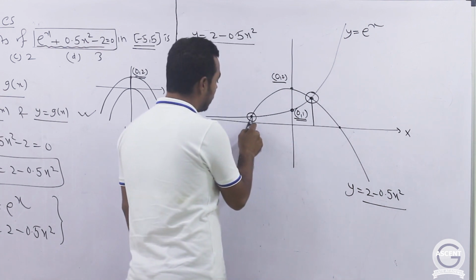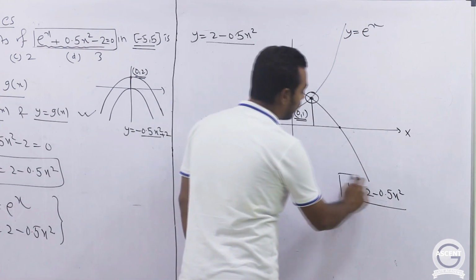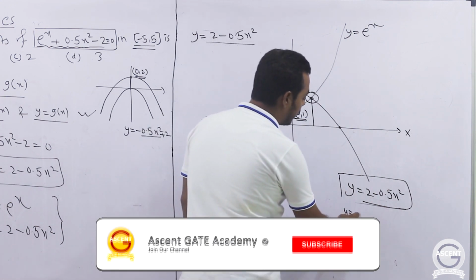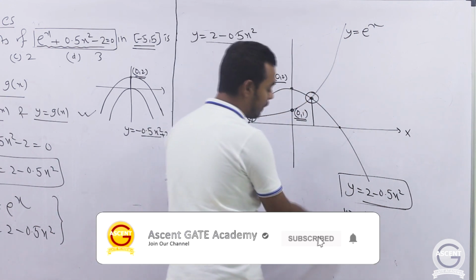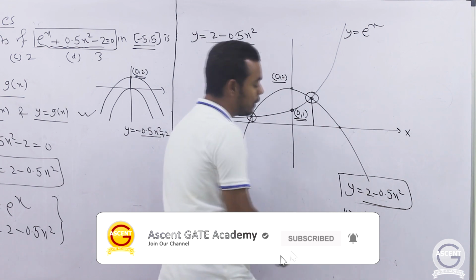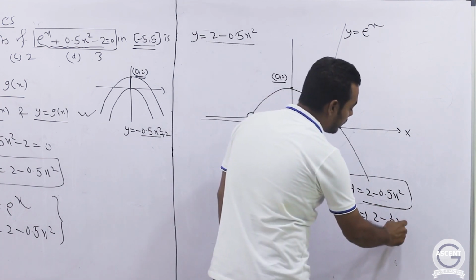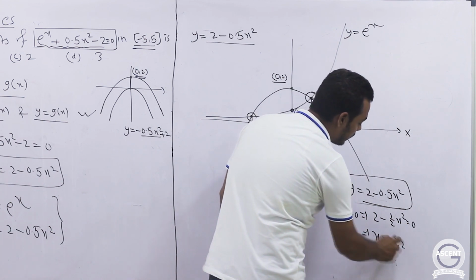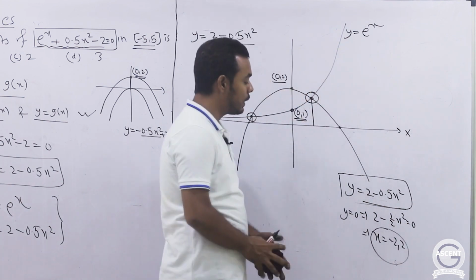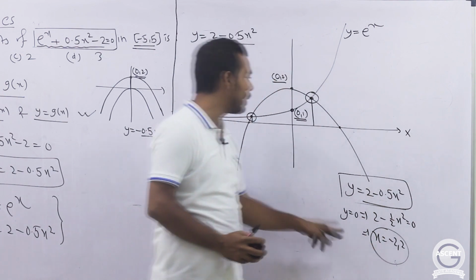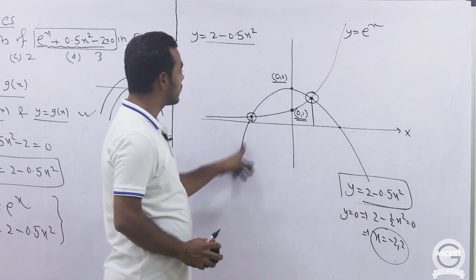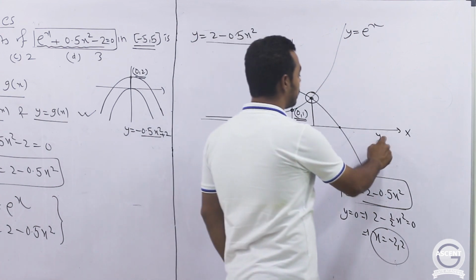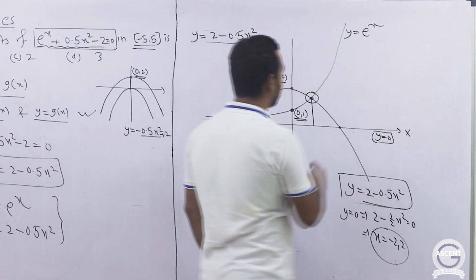See, for this graph y equals 2 minus 0.5 x square, if I equate y to 0, then I will get 2 minus 1 by 2 x square equals 0. This will give us x equals minus 2 and plus 2. Now what are these 2 points? These 2 points are nothing but the points of intersection of this downward parabola with the x axis, because y equals 0 is the equation of the x axis.